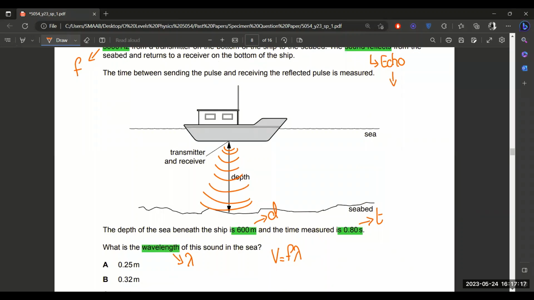The formula for echo is speed equals twice the distance divided by time. So distance is 600 and time is 0.8 second.